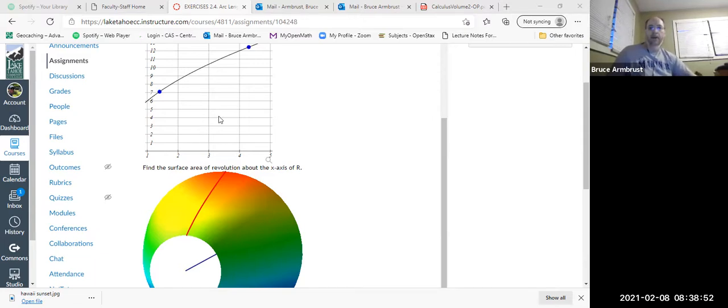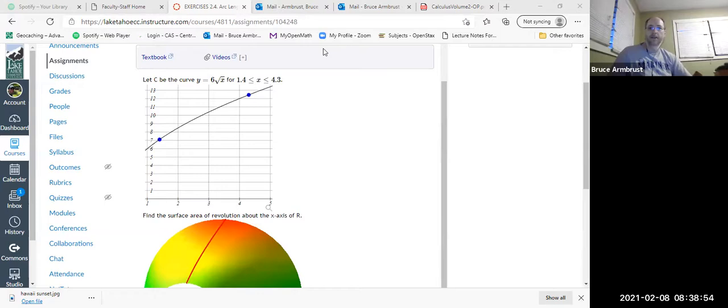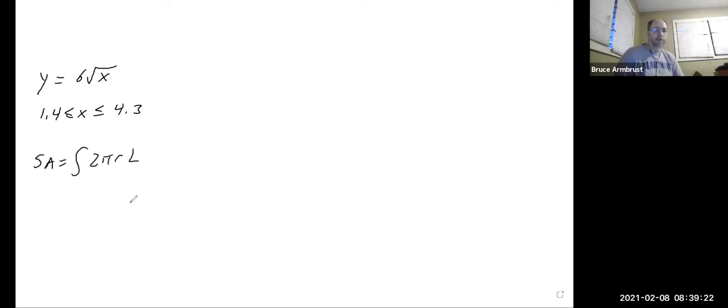All right, so I'm going to go ahead and go to a whiteboard here. So we're looking at y equals 6 square root of x, and we're going from 1.4 to 4.3. At least I think that's what my numbers were. So for surface area, in general, you want to integrate 2 pi RL.